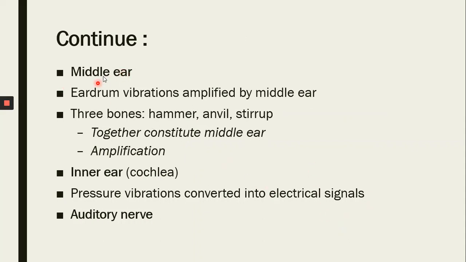Now in the middle ear, the eardrum vibrations are amplified. The sound collected by the outer ear makes the eardrum vibrate, and those vibrations pass to the middle ear, where they are amplified due to the three bones: hammer, anvil, and stirrup.